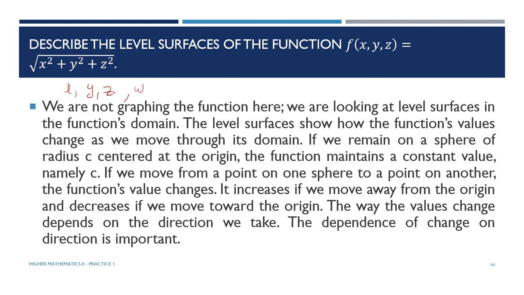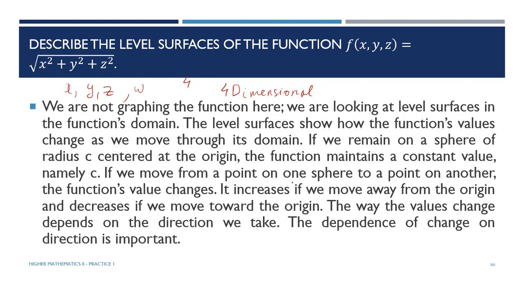So 3 independent variables, 1 dependent variable. How many variables? 4. That's right, 4. If we try to graph this one, we'll have a 4-dimensional graph. But it's hard to imagine for us. So we'll not graph the function. We'll try to draw its level surfaces.